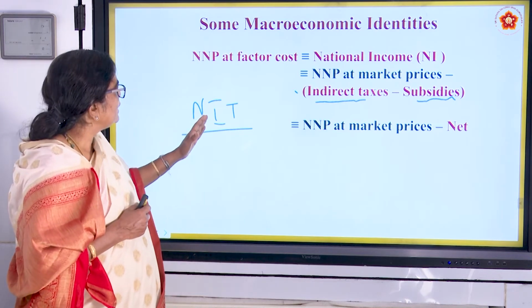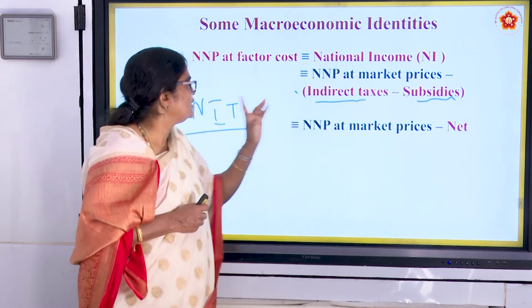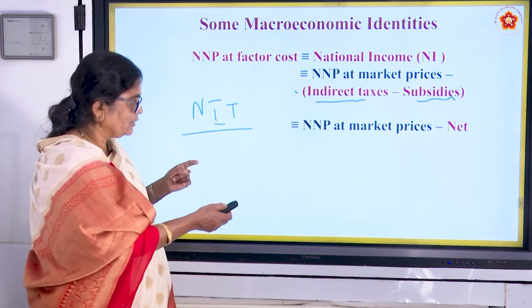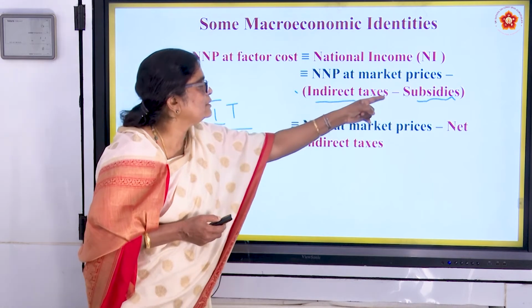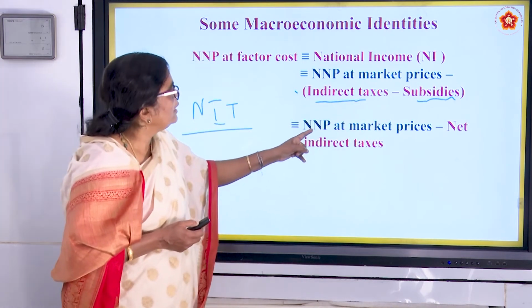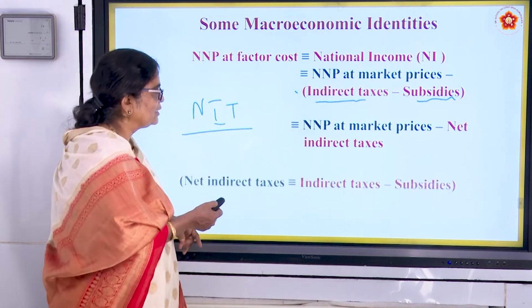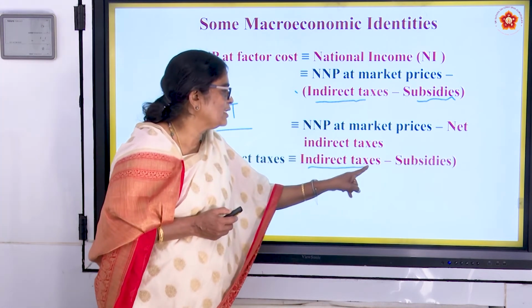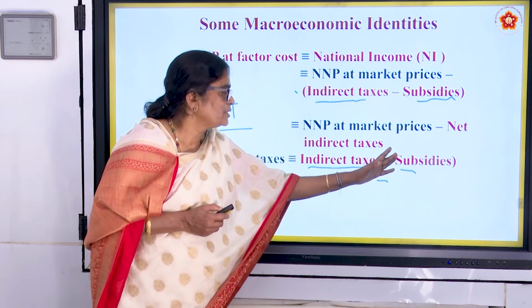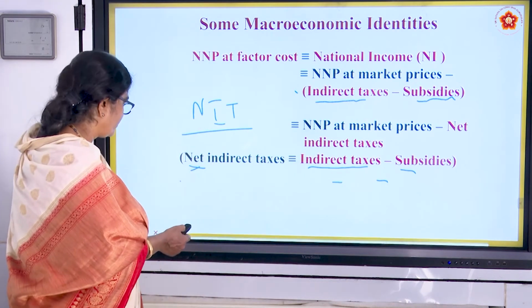Instead of writing indirect tax minus subsidy, we can just put one word, NIT. So NNP at market prices minus net indirect taxes. Net indirect taxes are nothing but indirect tax minus subsidy.